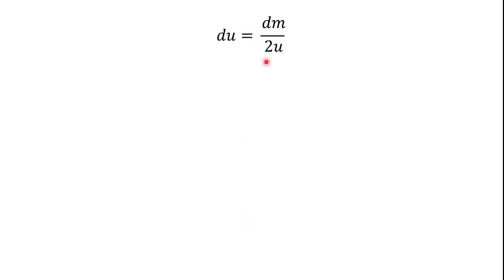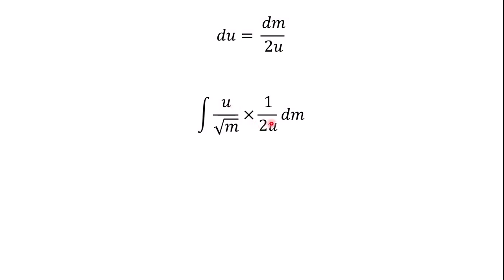Now let's put this into the integral, and as usual, let's continue from there. I maintain this u because we are going to do cancellation, and I want to show you the cancellation aspect.